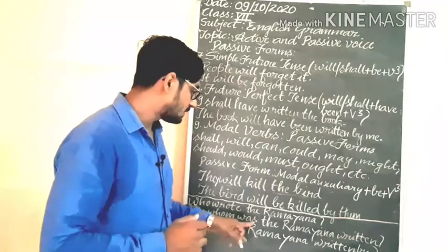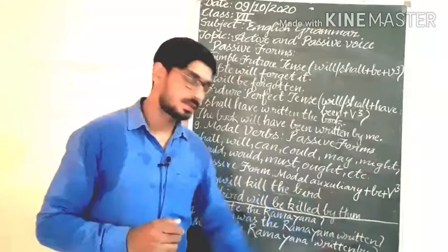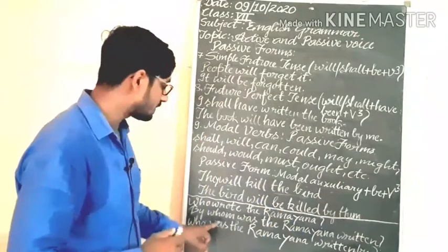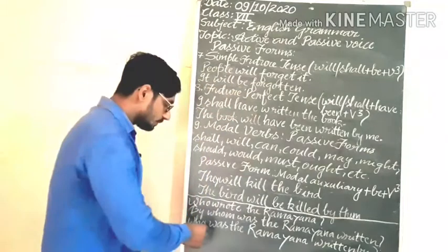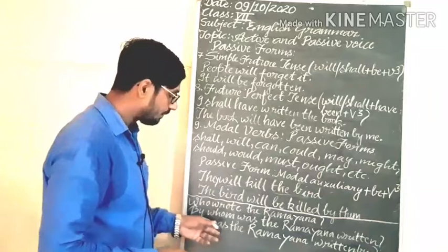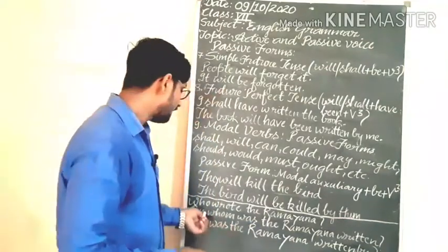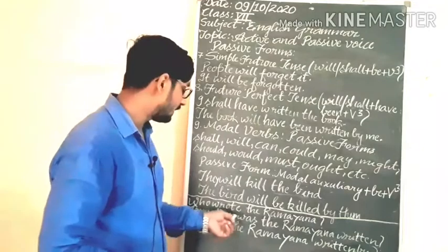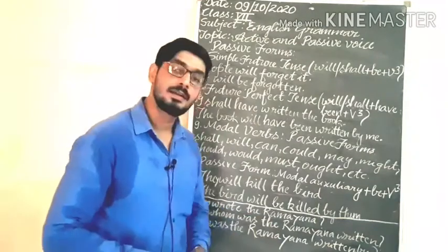Verb was, afterward the Ramayana written. Understand? So in the same way: who was the Ramayana written by? We will use who first, afterward the helping verb, then the Ramayana written, and by. If we are going to use by whom, then afterward we can use the helping verb, the Ramayana written.